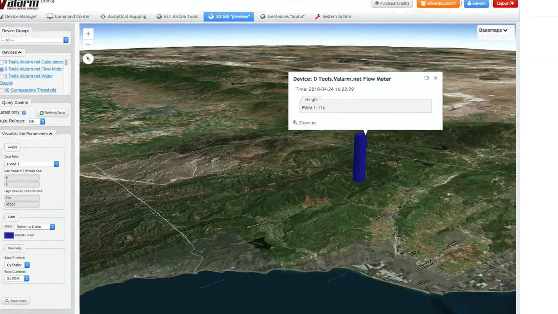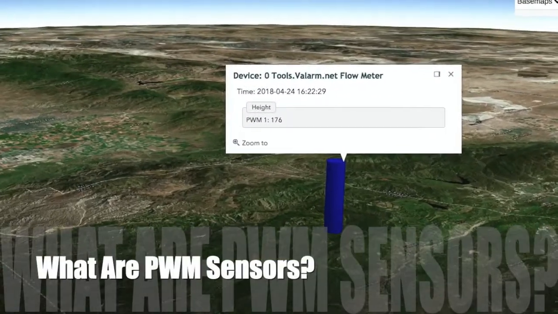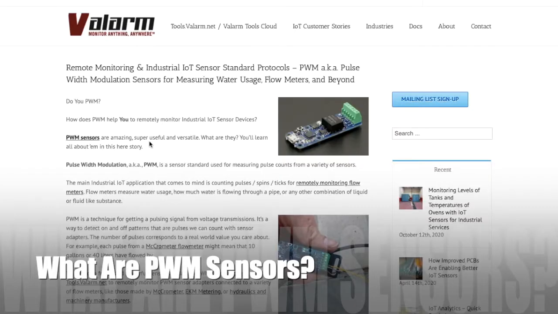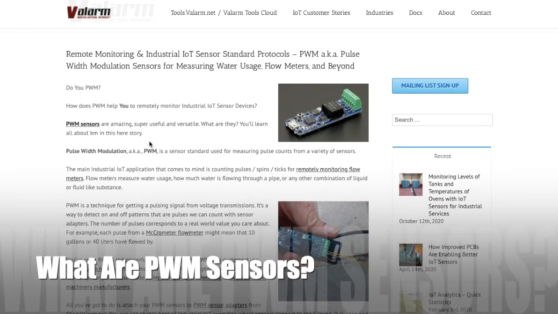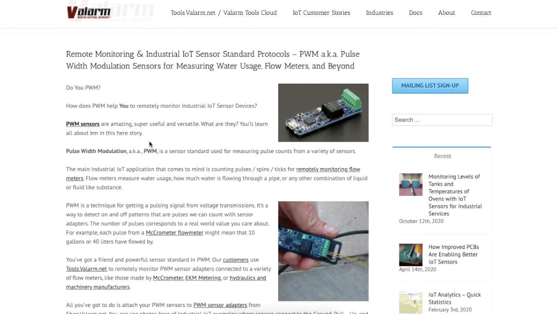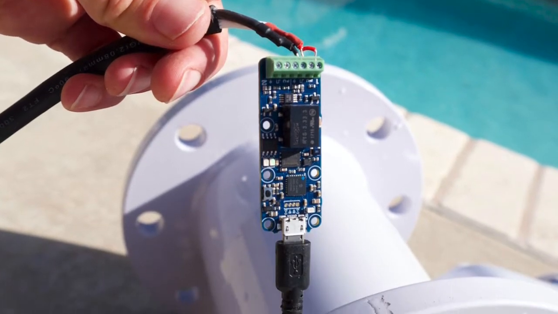Do you PWM? How do PWM or pulse width modulation sensor standards help you to remotely monitor industrial IoT sensor devices?